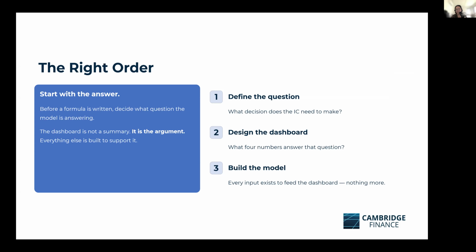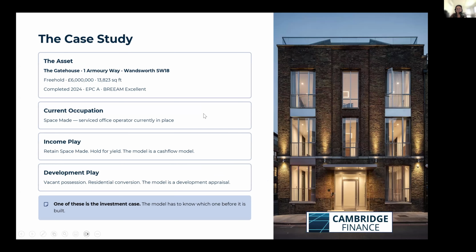What does this dashboard look like, and then you build the model. And this is one thing that, if you give AI a good structure, like a good prompt, then Claude especially can help you build this very quickly. Okay, so I'm going to show you.